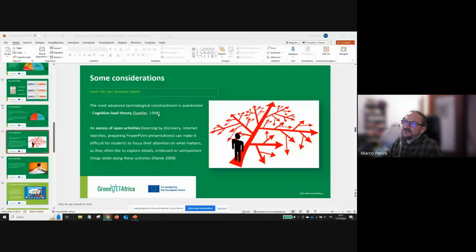Well, what is the cognitive load theory? The cognitive load theory suggests that a student, during the activities, cannot be overwhelmed by a big amount of media.